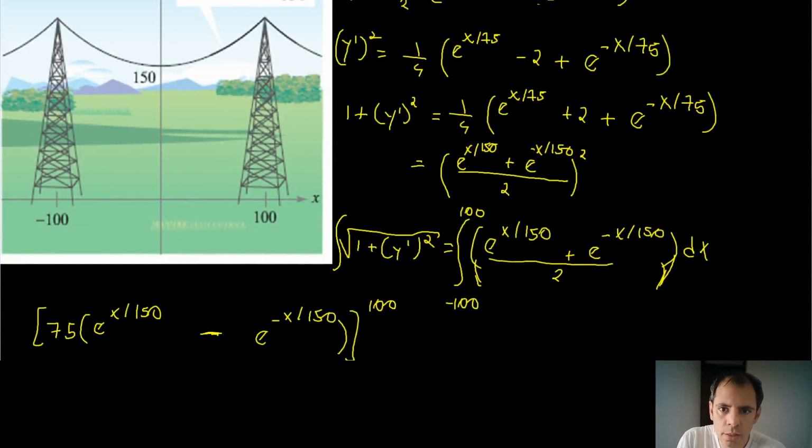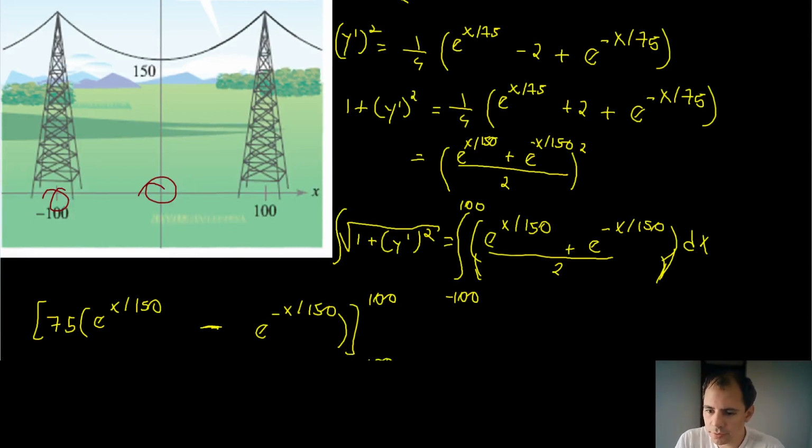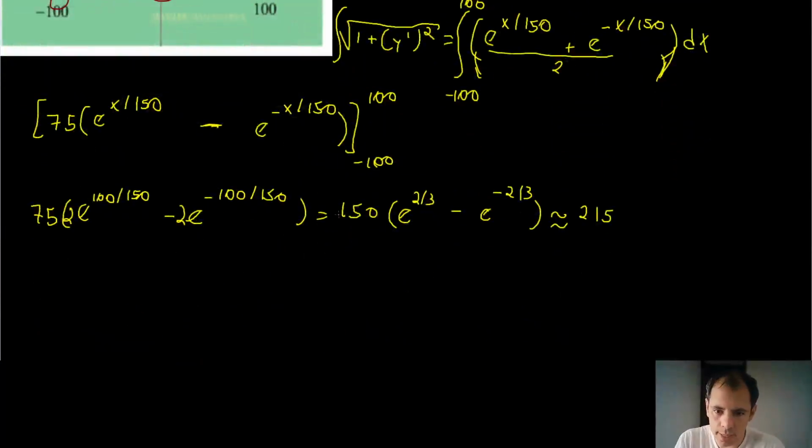If the distance from here all the way to here is in feet, that's going to be feet. If it's inches, it's going to be inches. If it's centimeters, it's going to be centimeters. If it's kilometers, it'll be kilometers, so it doesn't matter. But the final answer is 215. And that's it, guys.